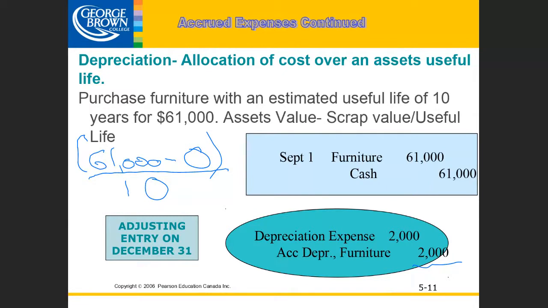As it reduces our profit, it also reduces the amount of taxes that we have to pay the government. That's how the government incentivizes investing in new assets, replacing equipment, and things like that. There's a tax break on it, right? So that's why it's there as an expense.